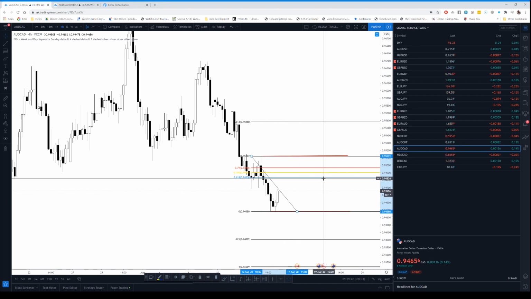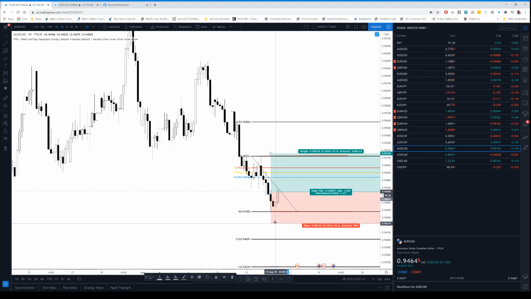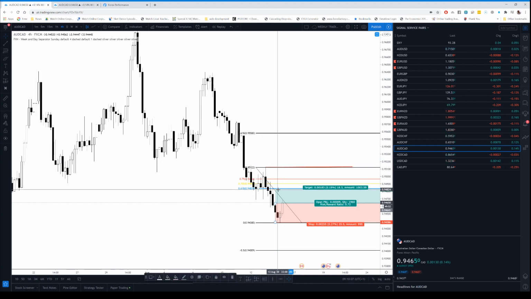Or the CAD futures that we just saw can just scream down, and this can just blow through it and take out this high. So if you want, looking at what that futures is doing, you can place your order and target that.